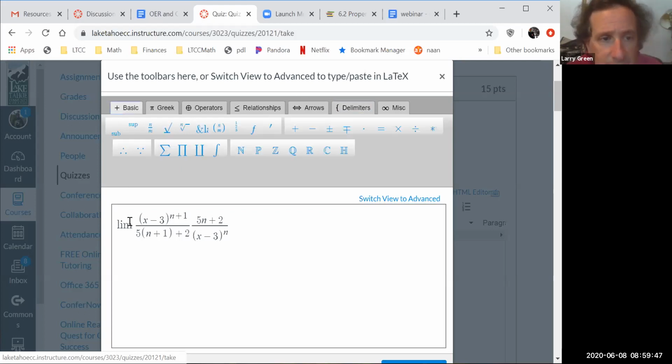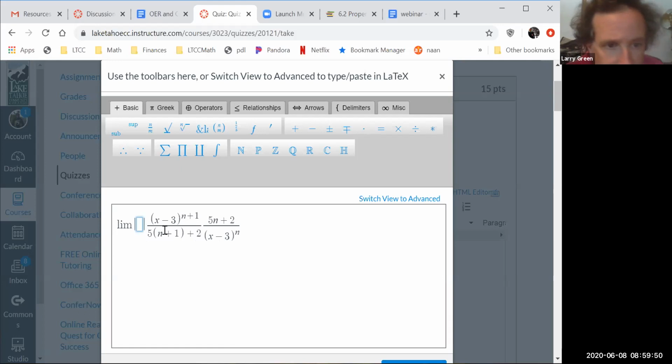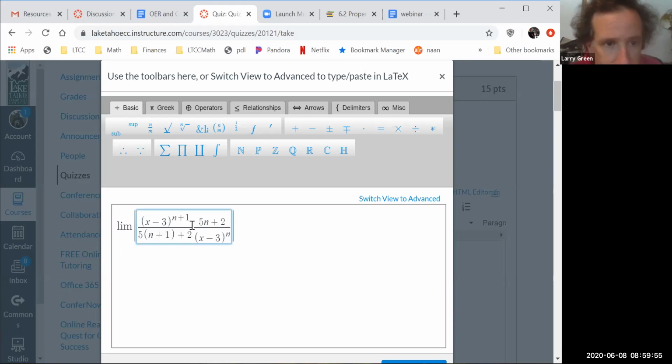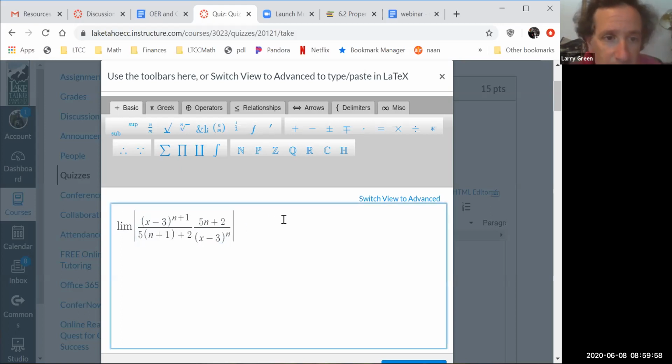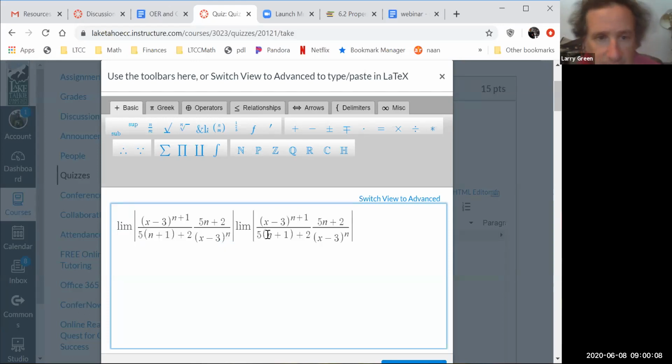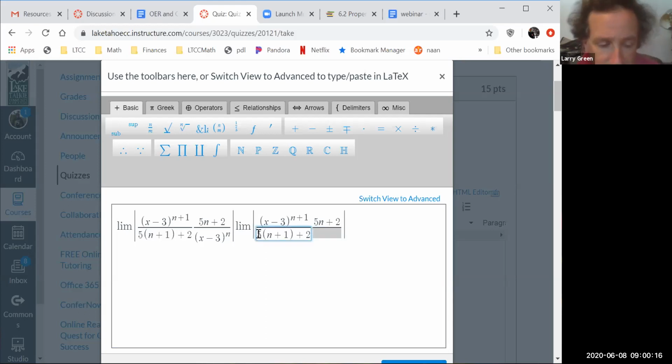Now I can rearrange, and I'm going to put the x minus 3 to the n at the left, and the 5n plus 1 plus 2 there.